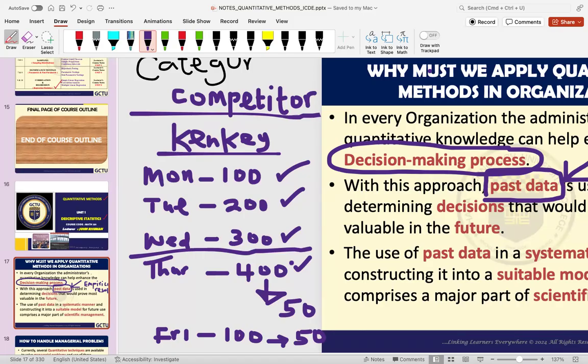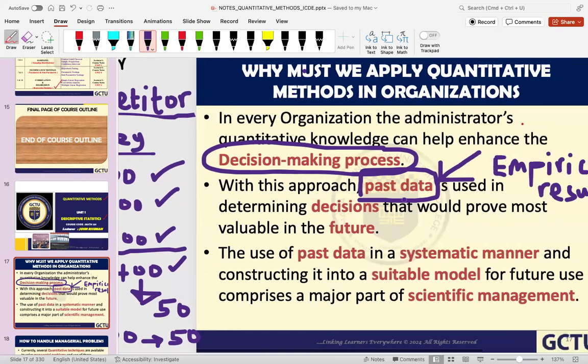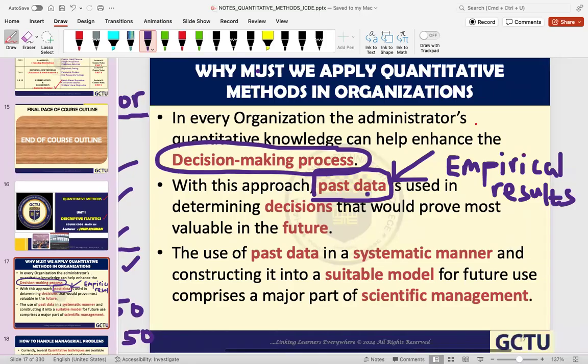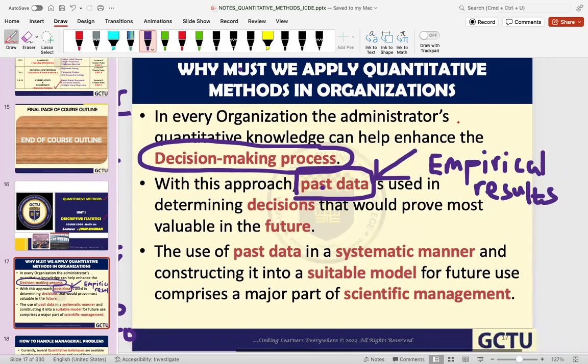Now, all these reasons we are assigning are being made possible because we are studying the figures we are having. We are looking at the trend, and the trend is informing the decisions that are coming into our mind. So that is what I mean by past data. We need to do something to our past data, get some empirical results to help us complete the decision-making process.